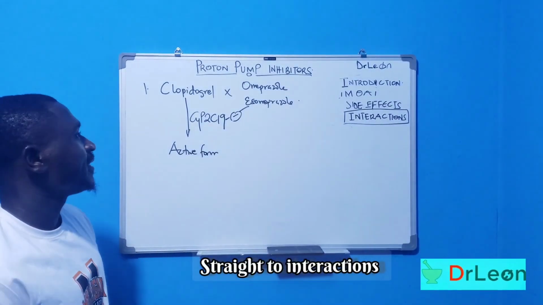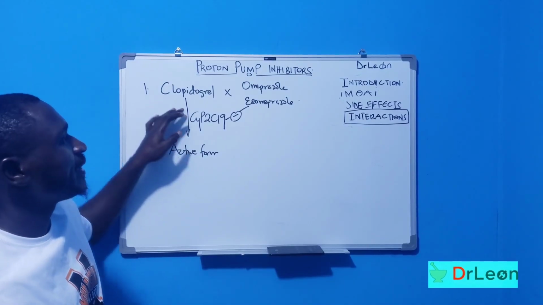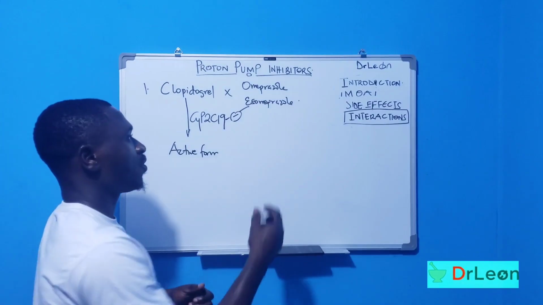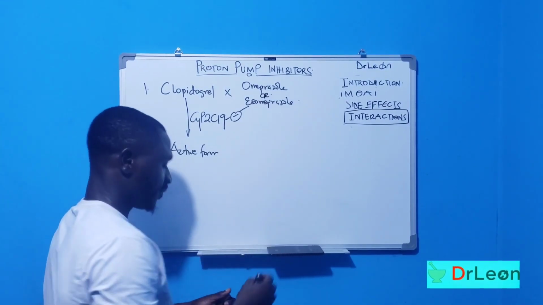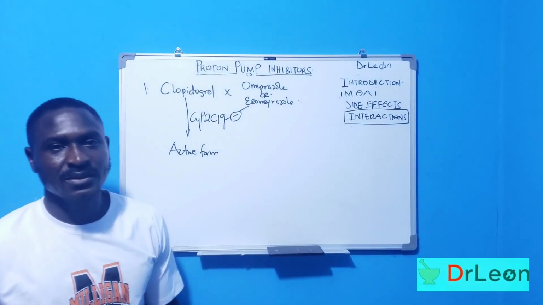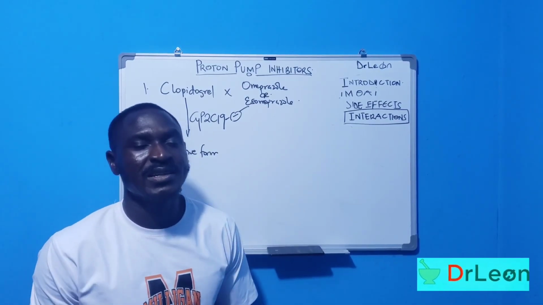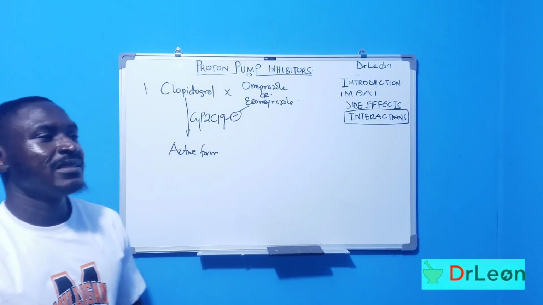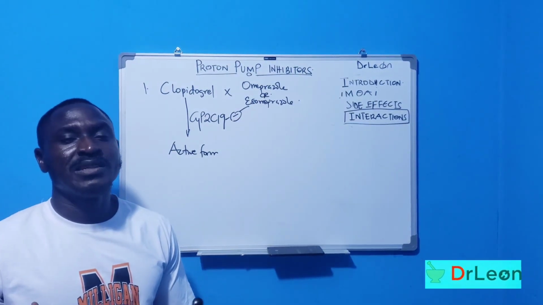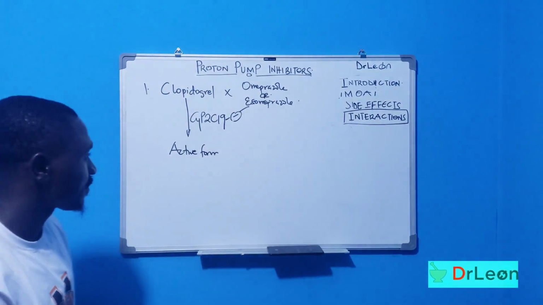Our first interaction will be between clopidogrel and omeprazole or esomeprazole. So clopidogrel is an antiplatelet. We make use of it in stroke, in myocardial infarction, and it actually prevents platelets from aggregating so that clot formation will be prevented.